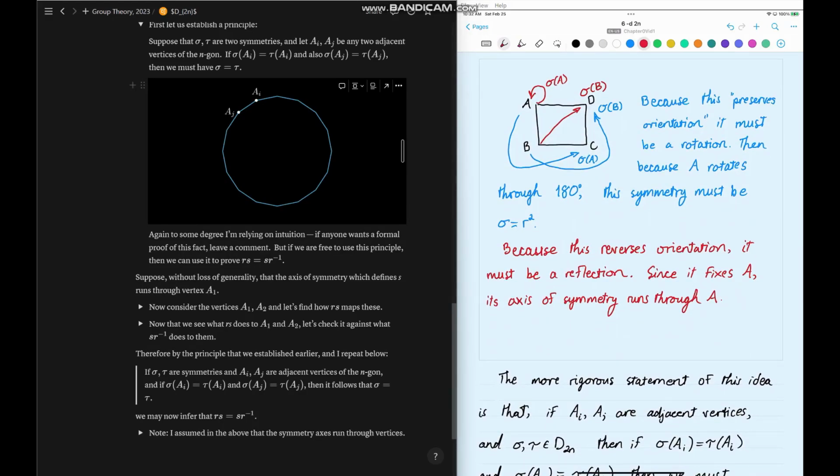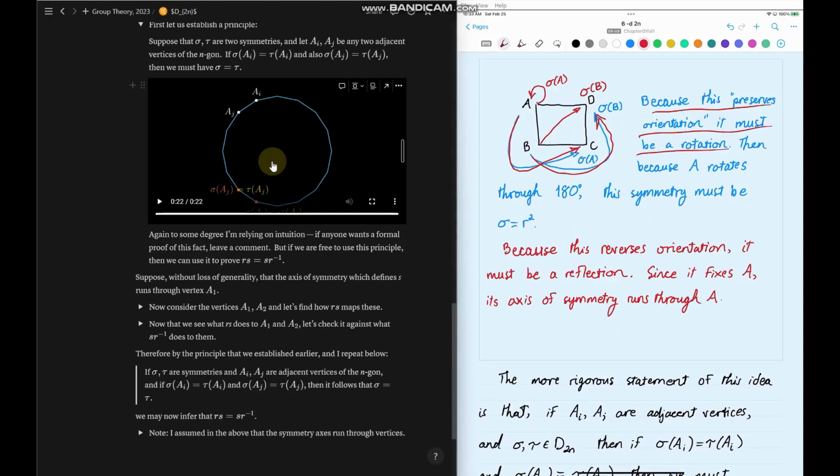So in this diagram, you can see a demonstration of the principle. If you look first at the blue arrows going from A to C and B to D, so C is sigma A, D is sigma B. Because this preserves orientation, it must be a rotation.